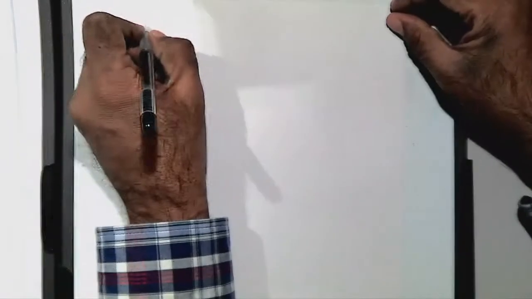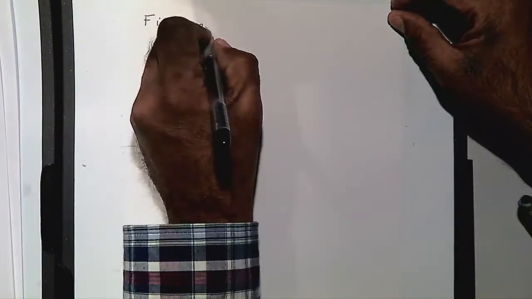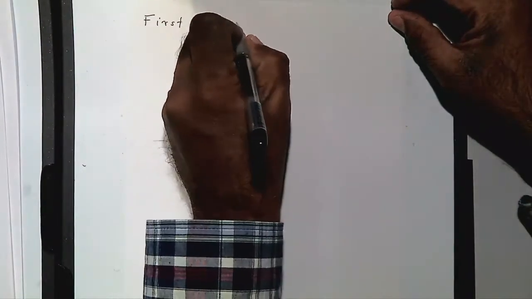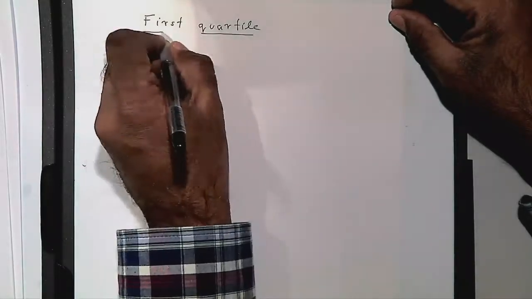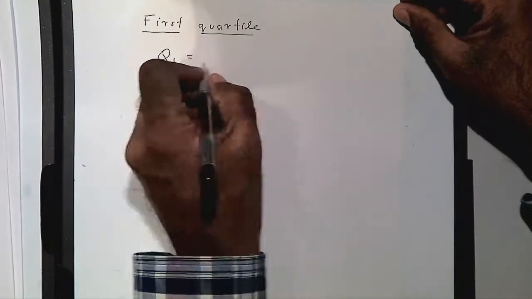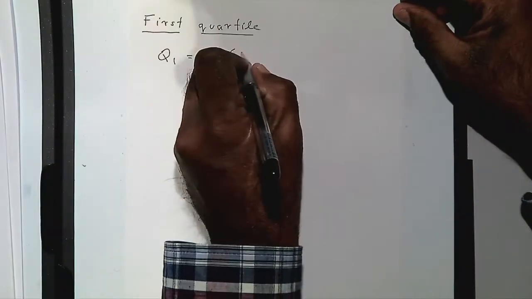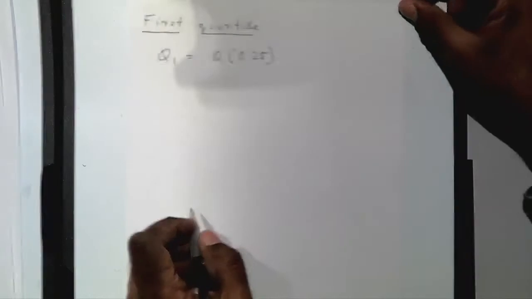Let me put this over here. This is example 2. The next thing is the first quartile. First quartile is Q at 0.25. Okay.